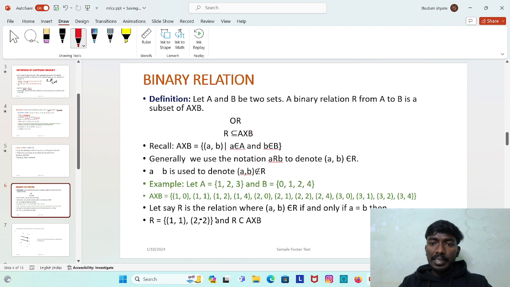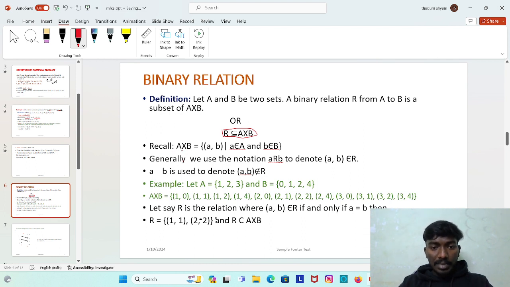A binary relation R from A to B is a subset of A cross product B. Here we represent it as: a binary relation is a subset of A cross B.